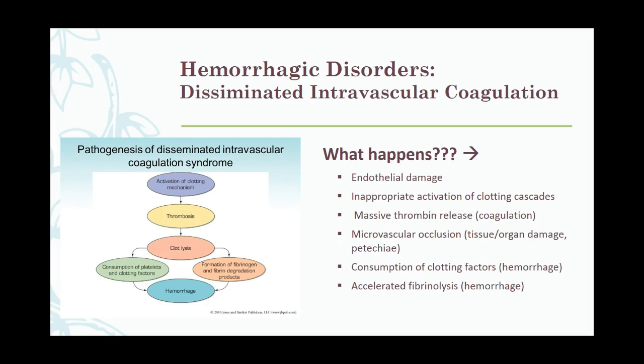Our body tries to break down those clots, and we continue to try to form fibrinogen, and that causes hemorrhage. And then we have a consumption of platelets and clotting factors, and that also causes hemorrhage. So we have clotting and we have hemorrhaging going on at the same time.